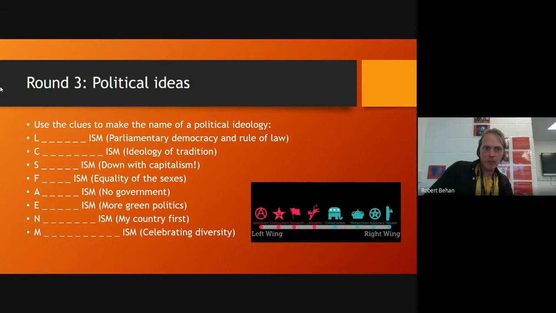government should be run. Here we've got 8 in total. I'm going to give you about a minute and a half to see if you can get the names of those different political ideologies. There's a little clue there to help you with it.